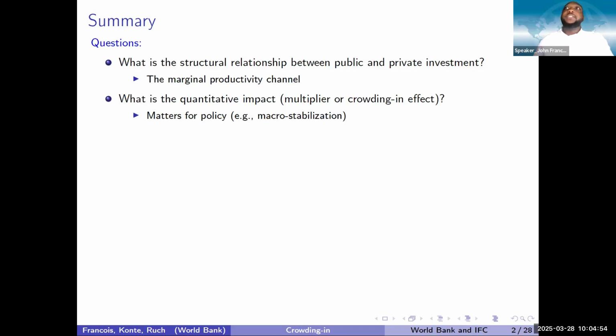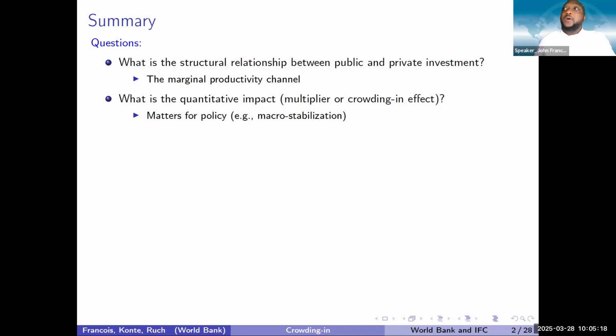The second related question is to quantify the impact, which we have heard several times in any macroeconomics class we've taken: the multiplier effect. You want to see how a $1 increase in public investment leads to X dollars of increase in private investment. And why does it matter?